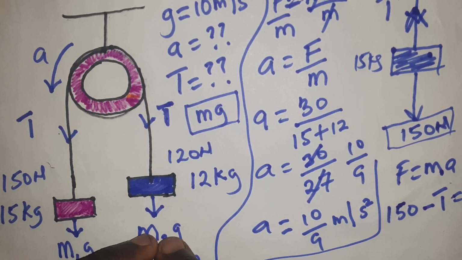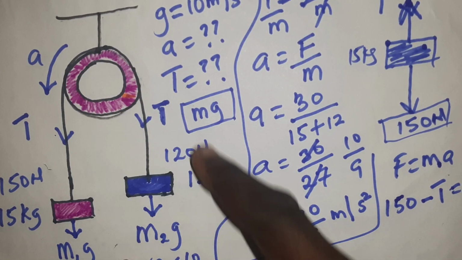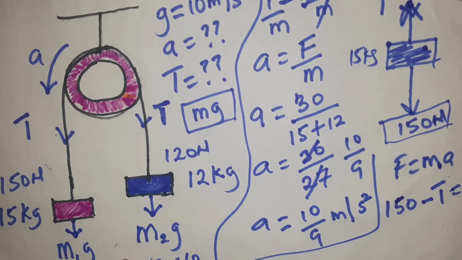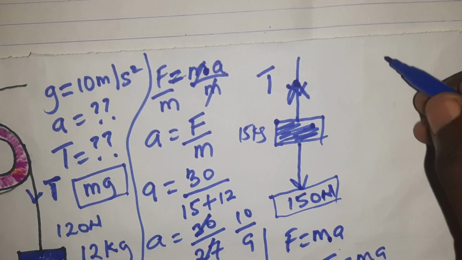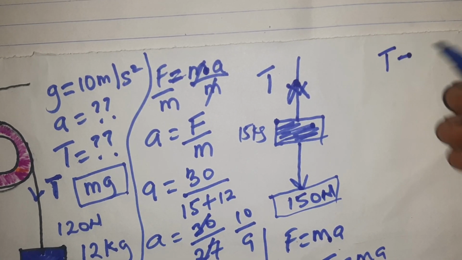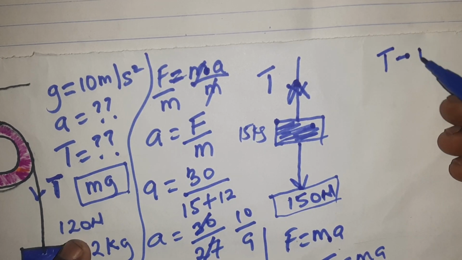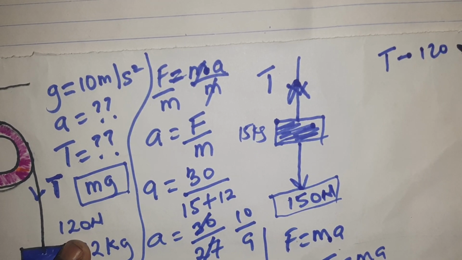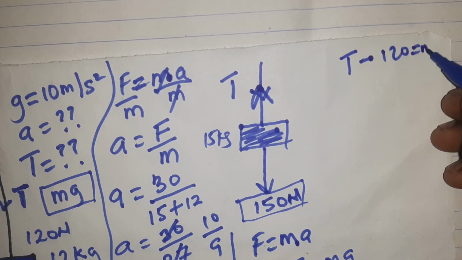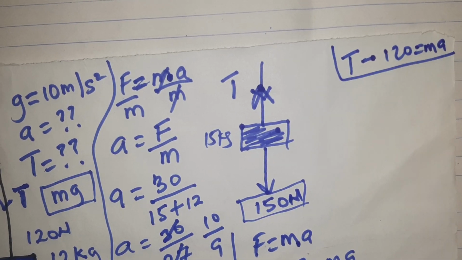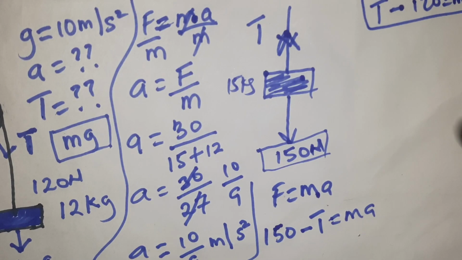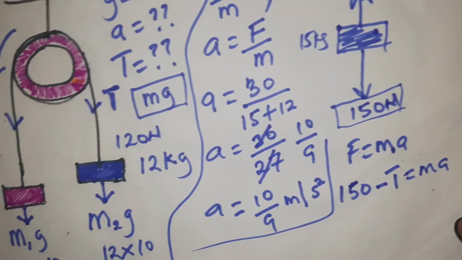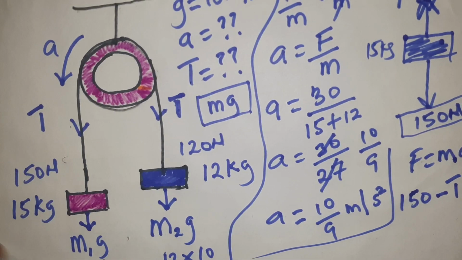So if you use this right hand side of the pulley to get your tension, you will just do tension minus the 120 Newton equals MA. Any which way you want, you still end up getting the tension. But I'm using the left hand side, it doesn't change anything.